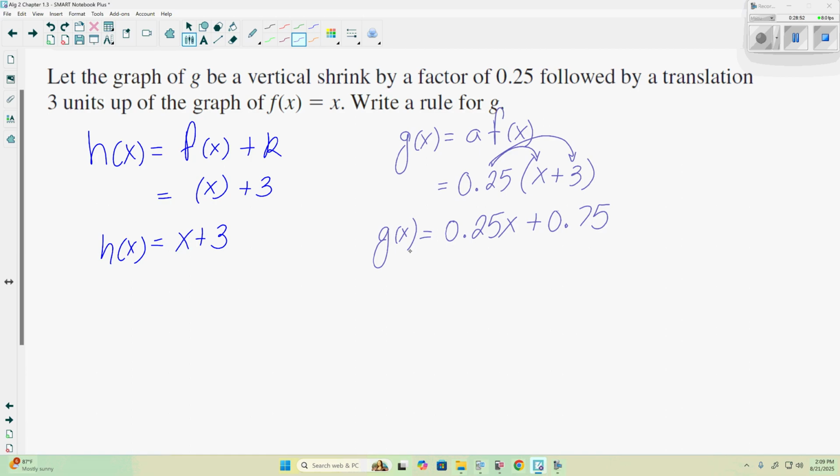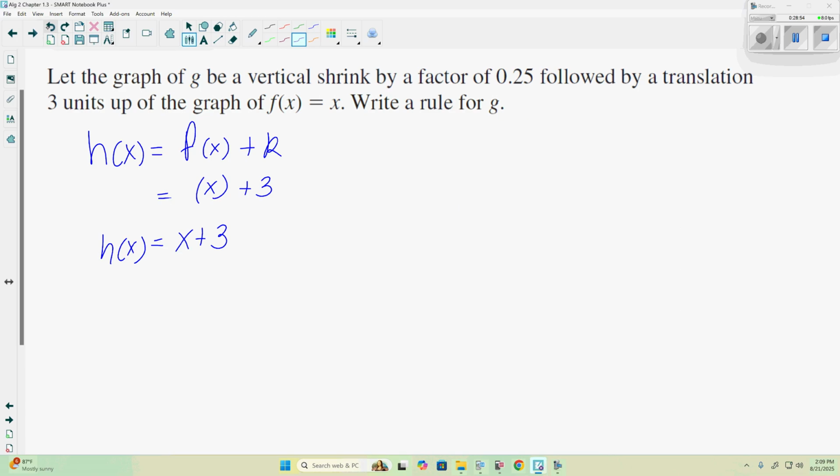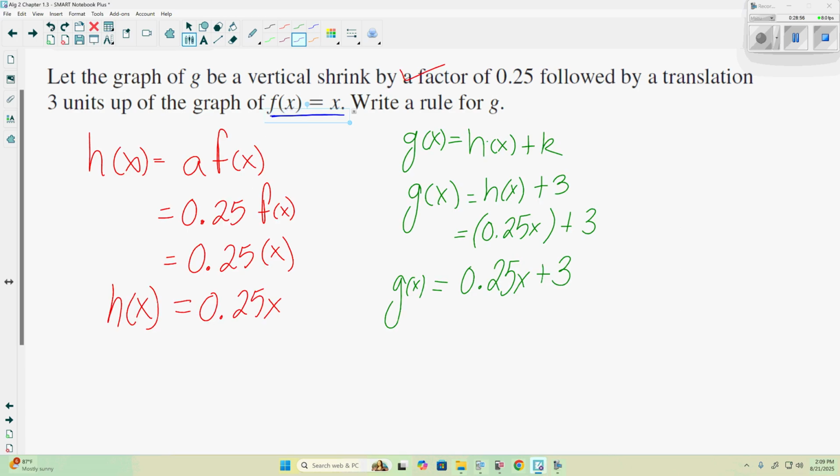Now, the way we did it first, I could have just plugged the 0.25 in the A spot, plugged in the plus 3 in K. We were good because of the order that it was listed. If they were listed in the other order, we would have got a completely different function.